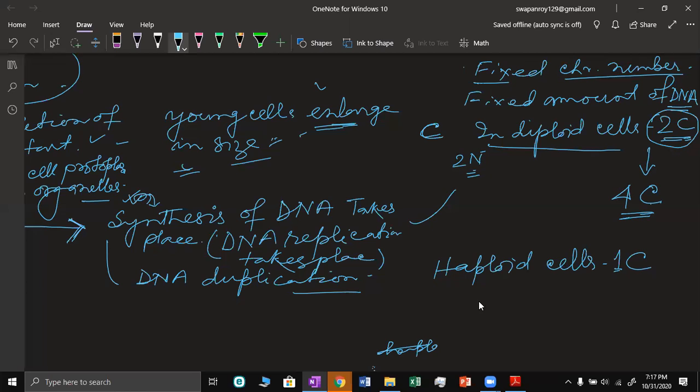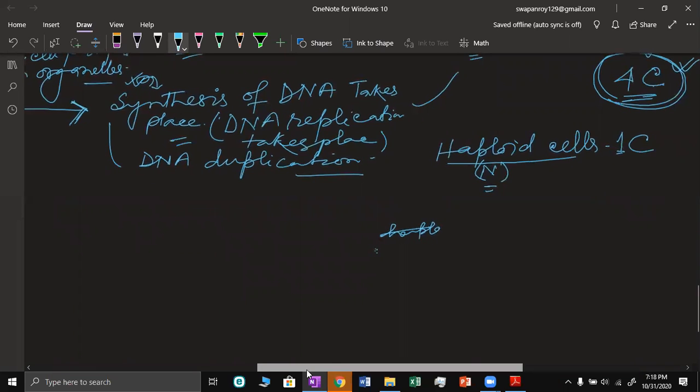Haploid cells have the chromosome number N, 1N. All right. So by the synthesis of the DNA, this DNA content becomes double and it is 4C. Okay.